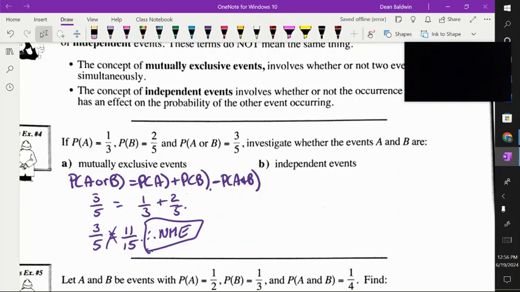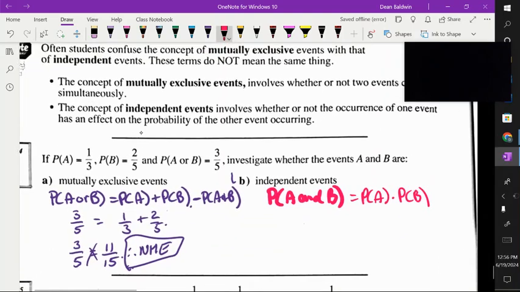If they're independent, the probability of A and B equals the probability of A times the probability of B. Well, we know what the probability of A and B are. It's 1/3 and 2/5. So 1/3 times 2/5, we get 2/15.